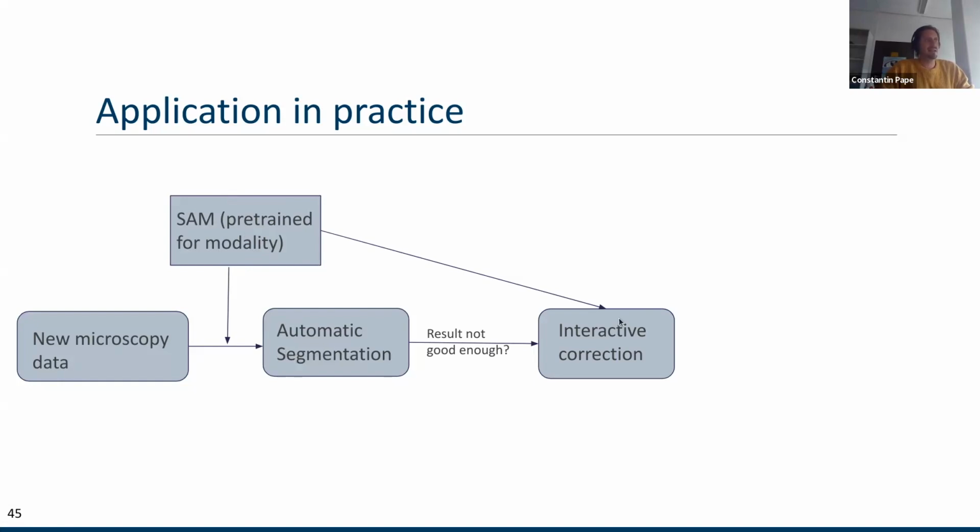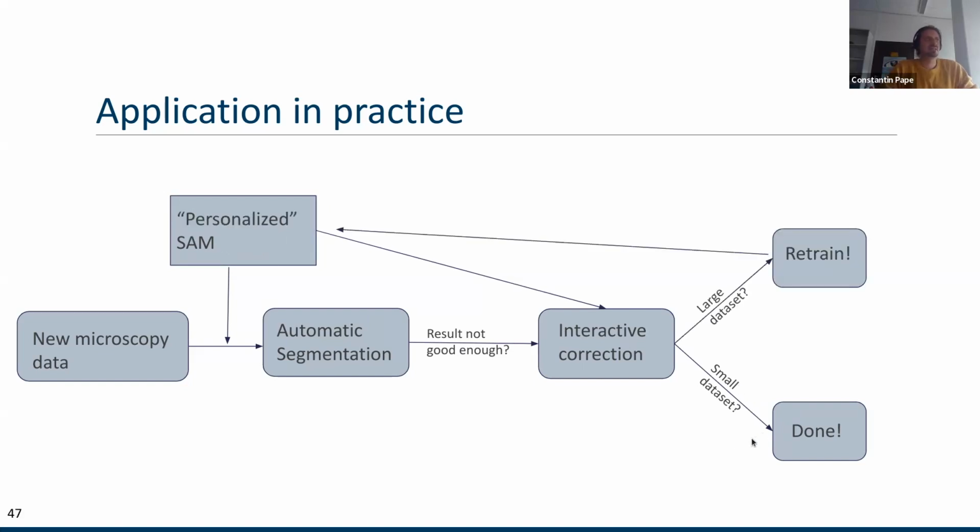But if it's not good enough, then we would use the interactive annotation capabilities of the model to annotate more data, basically to correct these segmentation results. Often, if it's just a small data set, because this correction is quite fast, you are done, and nothing else is really needed. If it's a large data set, the idea would be to retrain the SAM model using the functionality I've just shown, get your personalized model, and repeat this. So you get a new automatic segmentation.